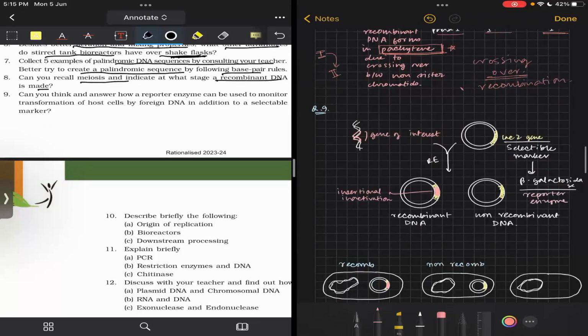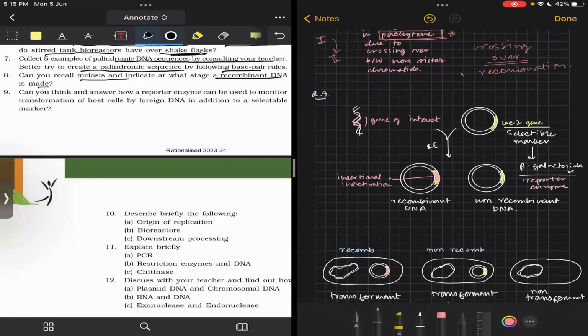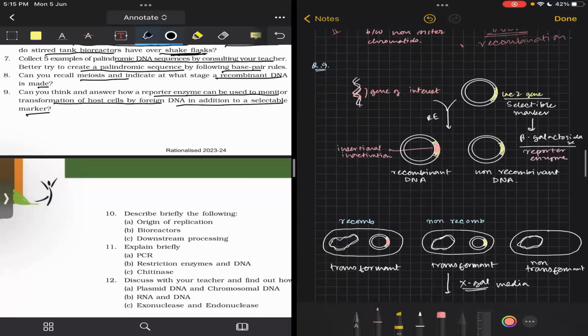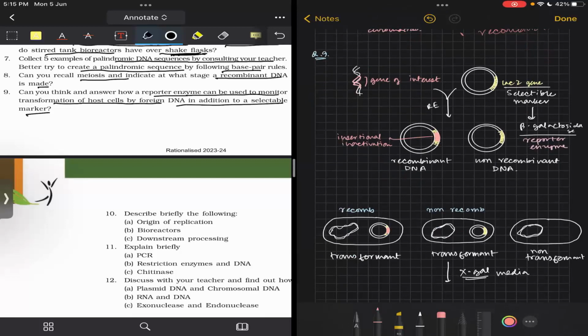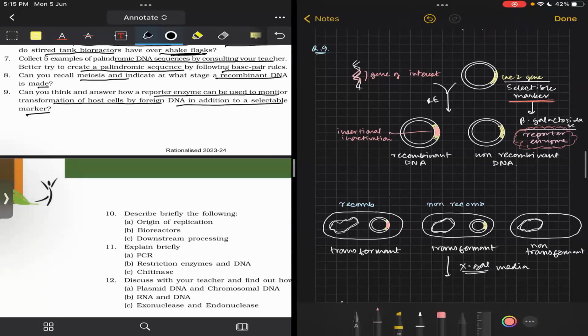Question number 9. Can you think and answer how a reporter enzyme can be used to monitor transformation of host cells by foreign DNA, in addition to selectable markers? So what is a reporter enzyme? Reporter enzyme is actually the enzyme that is created by the selectable marker. So let's take an example.